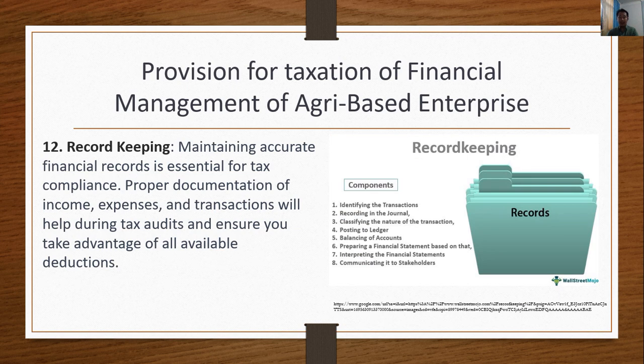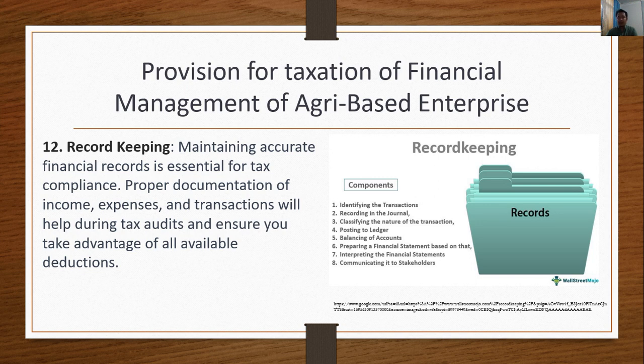And record keeping. In record keeping, we need to determine that there are several components. First is identifying transactions, then recording the journal, then classifying the nature of your transactions, posting to the ledger, then balancing of accounts, then preparing financial statements based on that, and interpreting the financial statements and communicating them to stakeholders.